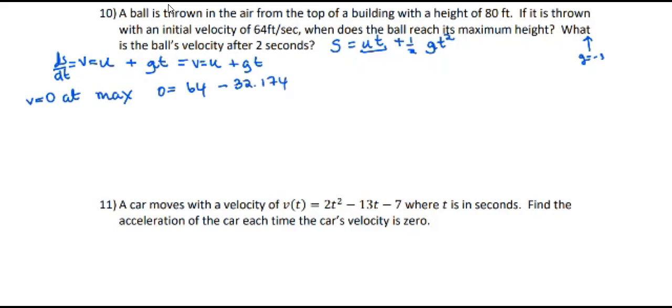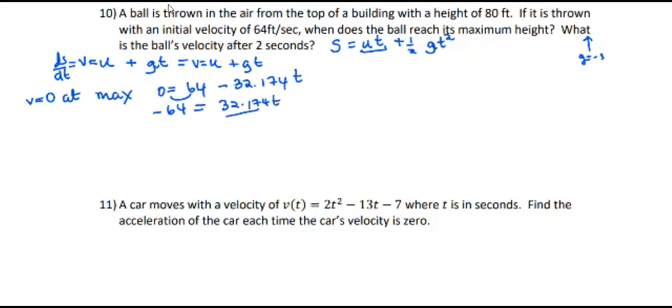32.174 times t. So we're solving for t again, because the question is, when does the ball reach its maximum height? So if we move this to that side, we get negative 64 equals negative 32.174t.